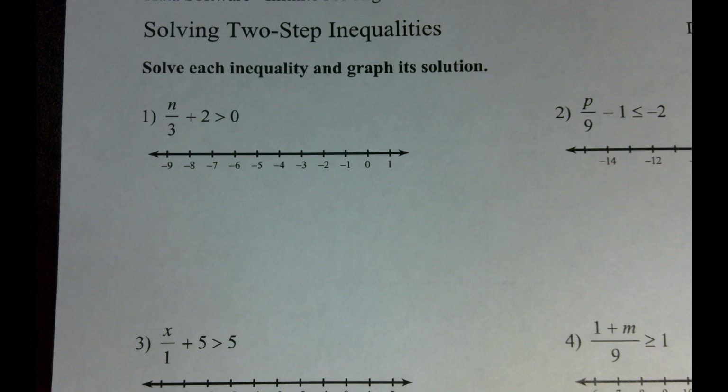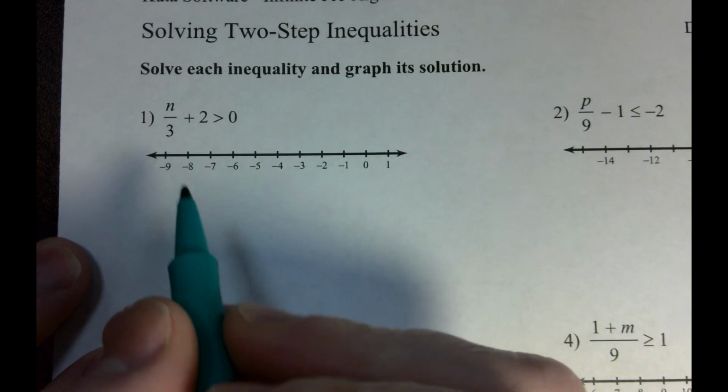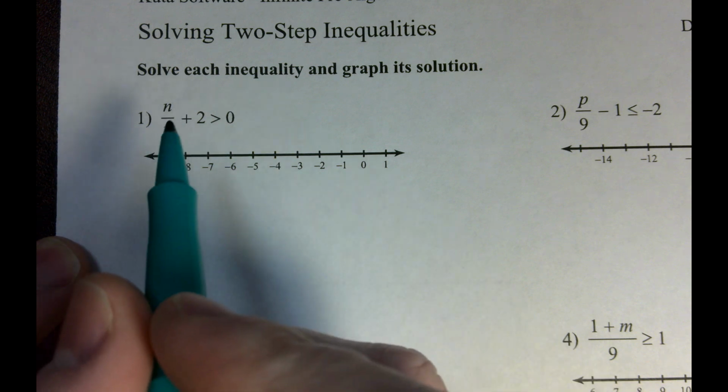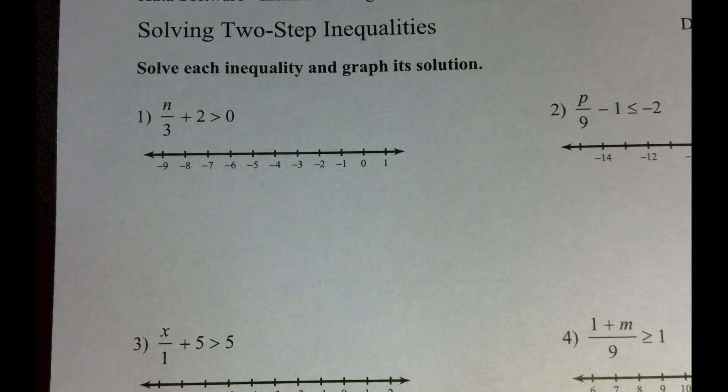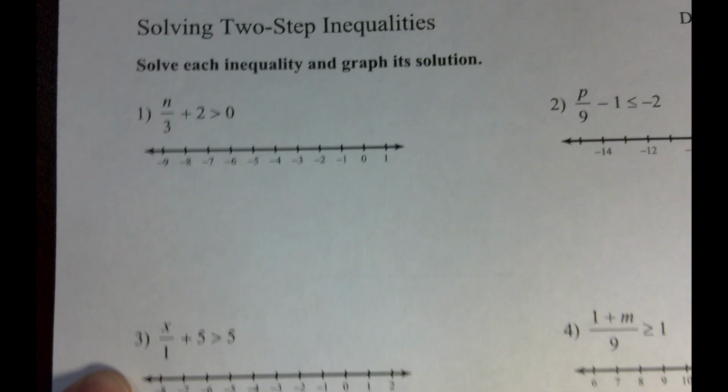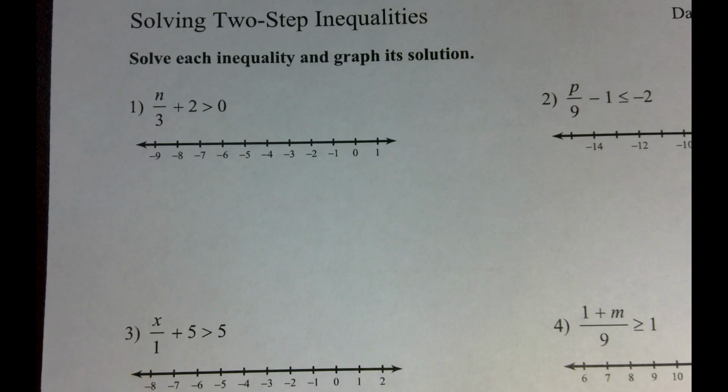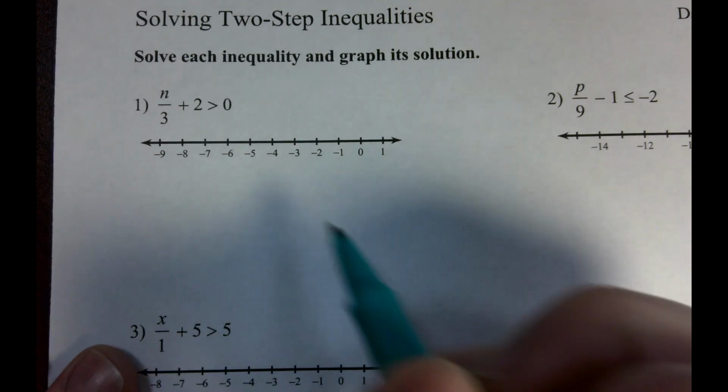Number 1, and you'll notice our variables aren't just X on this worksheet. There's some different letters. Like for number 1, we have N. It'll be the exact same process. You'll just be writing N instead of X. Same exact steps.